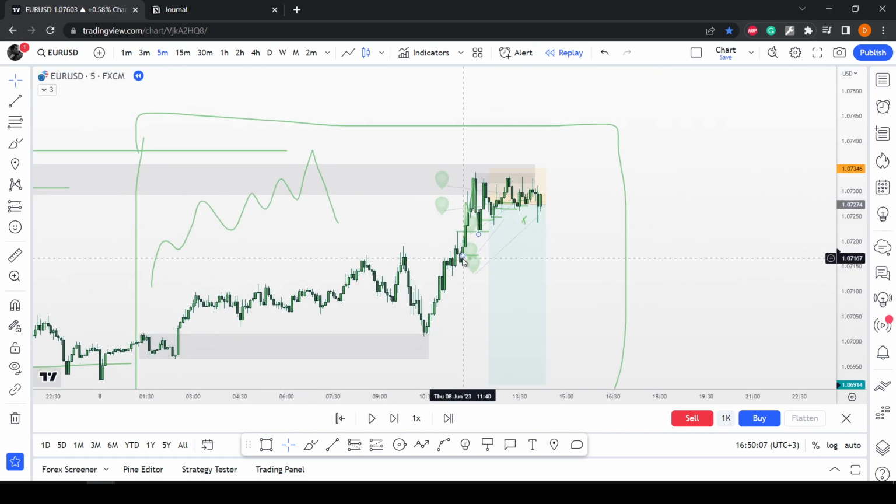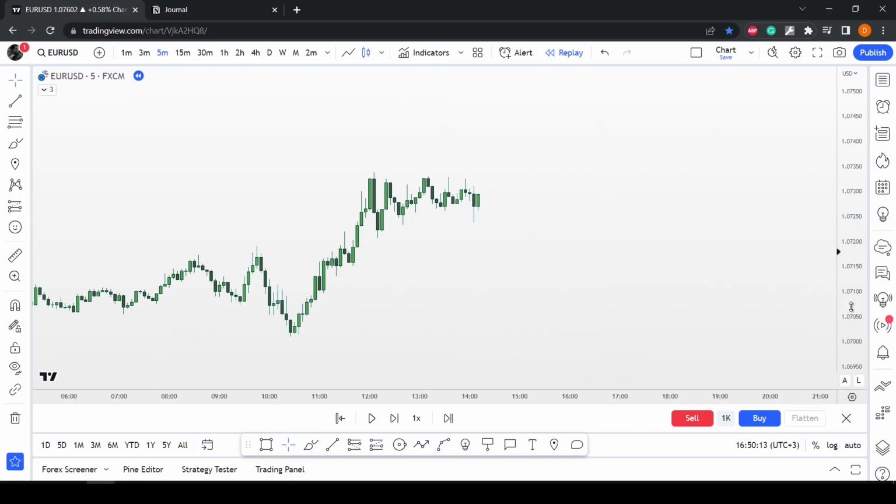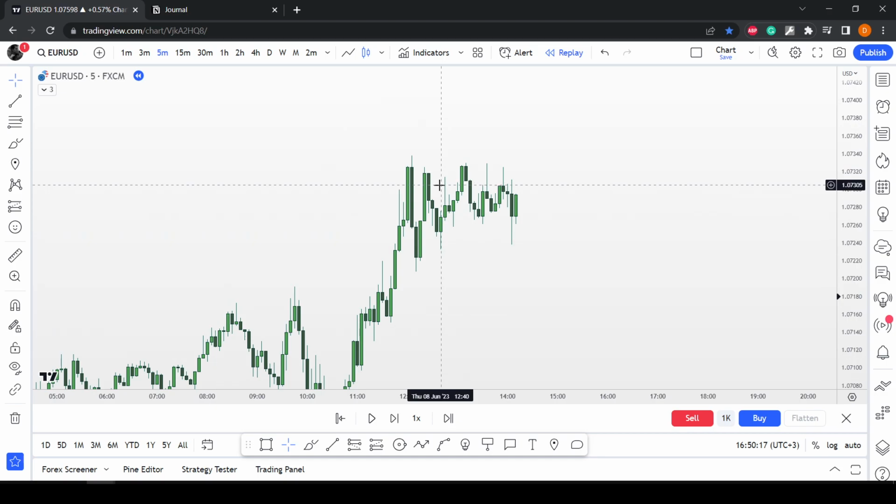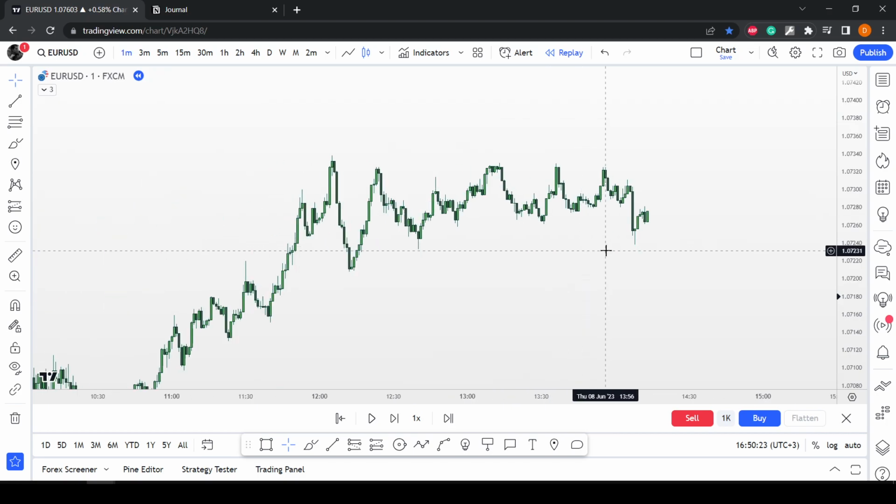On 5 minutes we had this up impulse, then mitigation of a zone, and creation of internal structure with this build up. So basically it's just natural for the price.